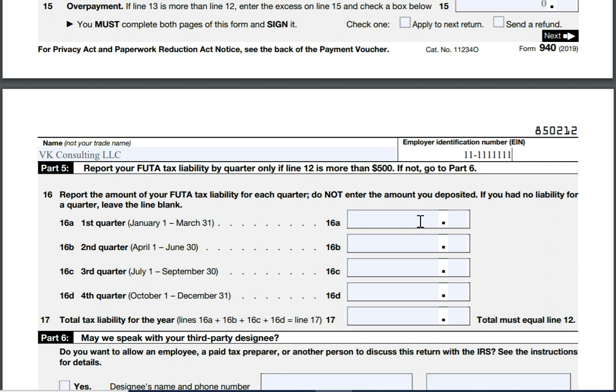In my case, the employee just started working and received payments in the fourth quarter. Otherwise, if you have an employee starting in the first quarter or second quarter, you need to determine how much belongs to each quarter. So $42 were paid in the fourth quarter.